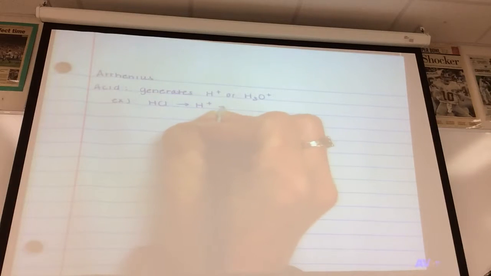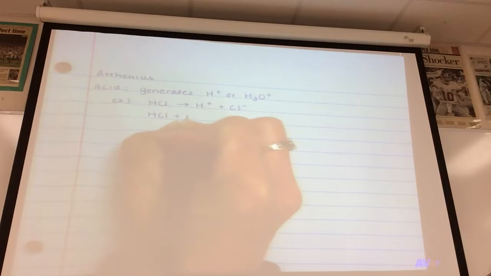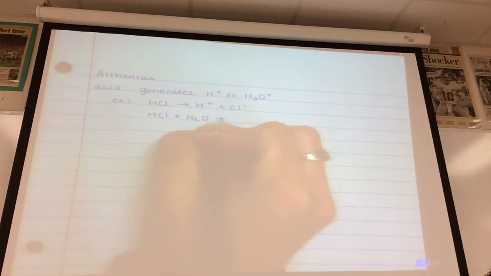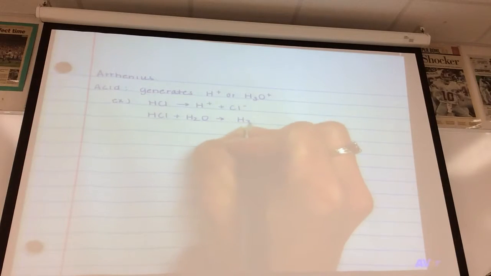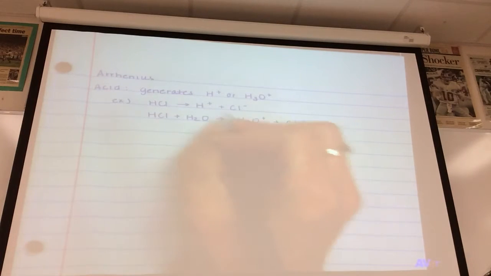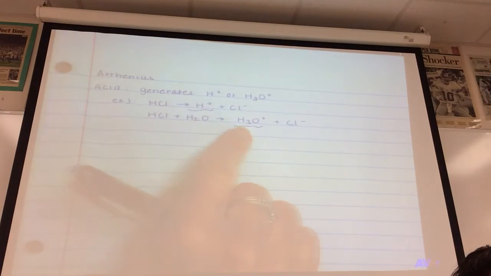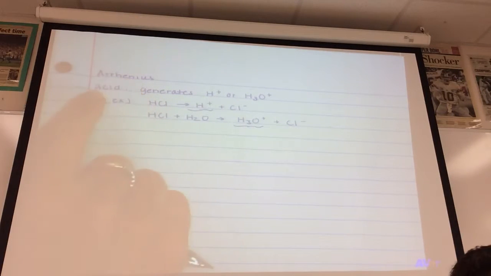You generate a proton, or you could show it this way, where you generate hydronium ion. So the generation of proton or hydronium ion is indicative of an Arrhenius acid. I was never taught I could use that, just the proton.